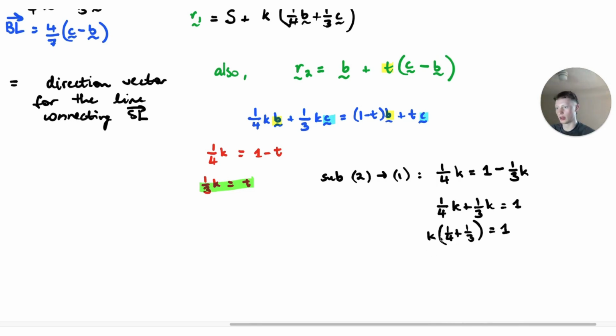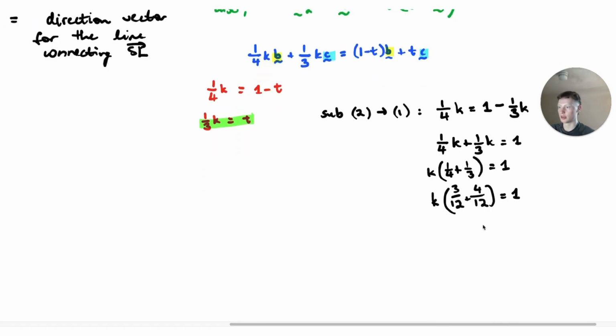We can then condense our denominators there, so we're going to get 12. It's going to be 4 plus 3 equals 1, so 7/12 of K equals 1.